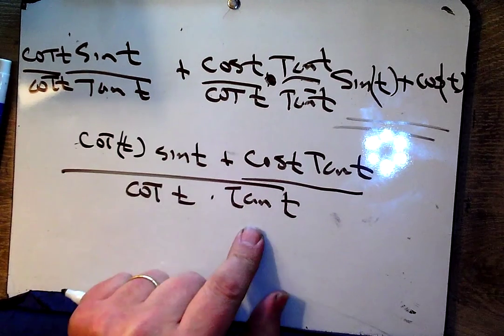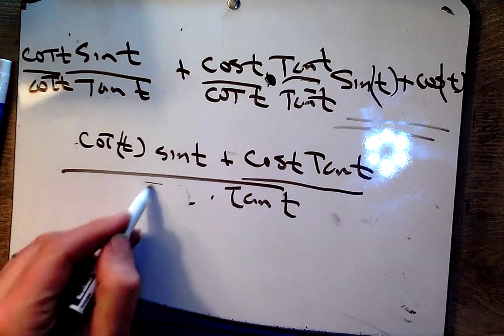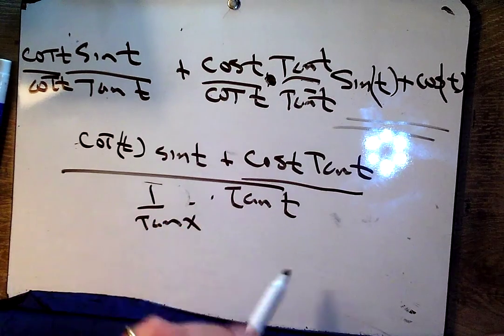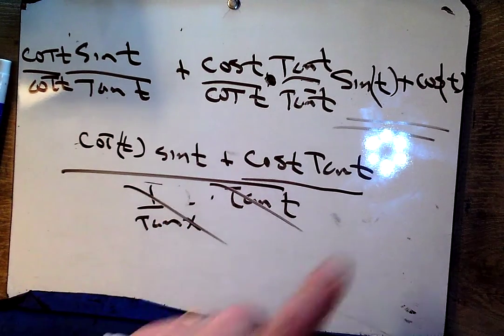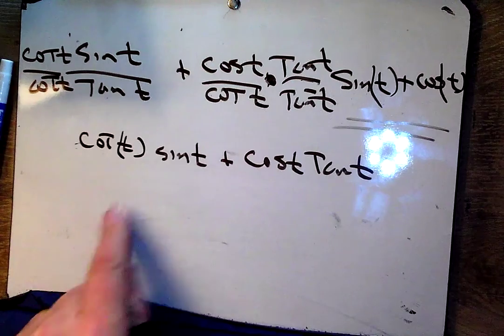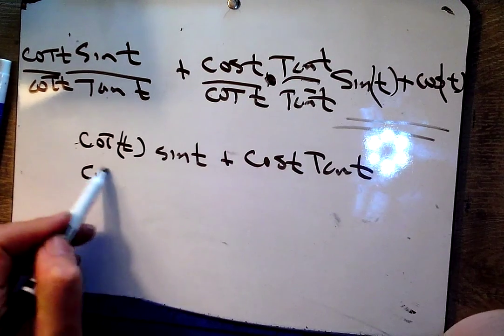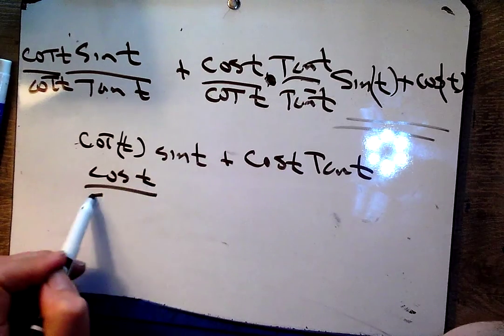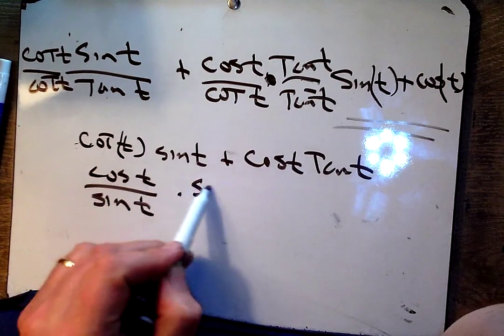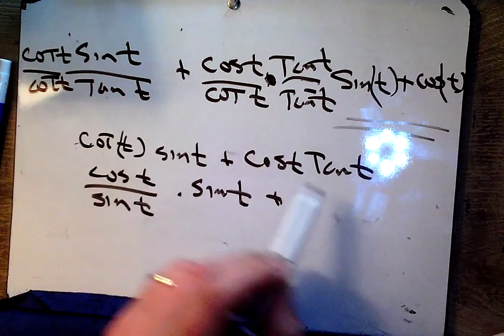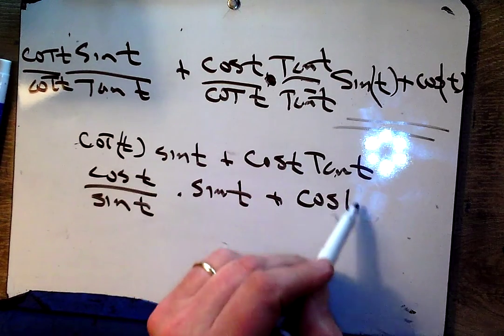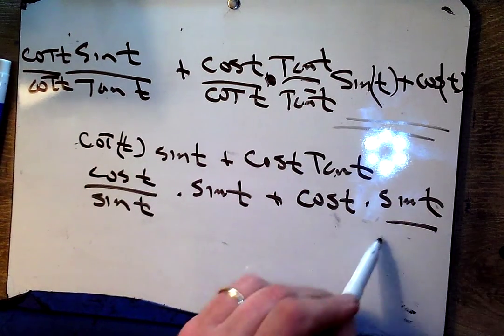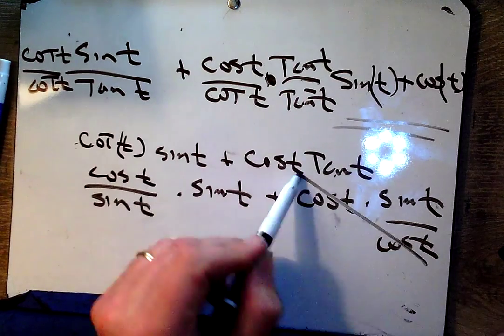they're cofunctions. Cotangent is 1 over tangent. Oh, well, so those can cancel. And so all I'm left with is this. Well, I know that cotangent is equal to cosine over sine, and tangent is equal to sine over cosine.